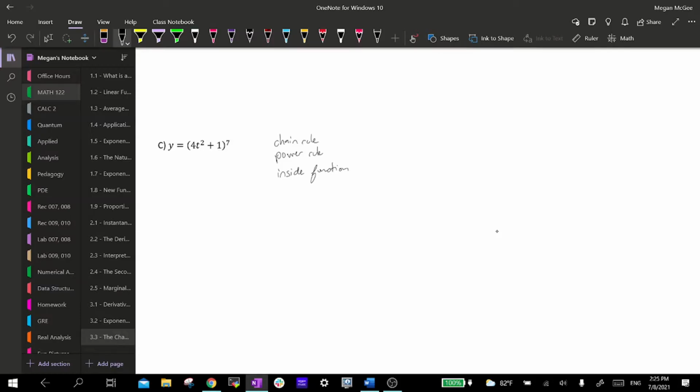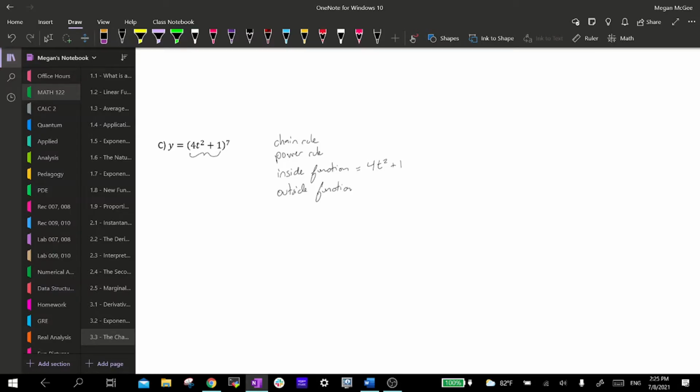Inside function, outside function. Alright, here we have some parentheses. So our inside function is all of this in here. Our inside function is going to be 4t squared plus 1.